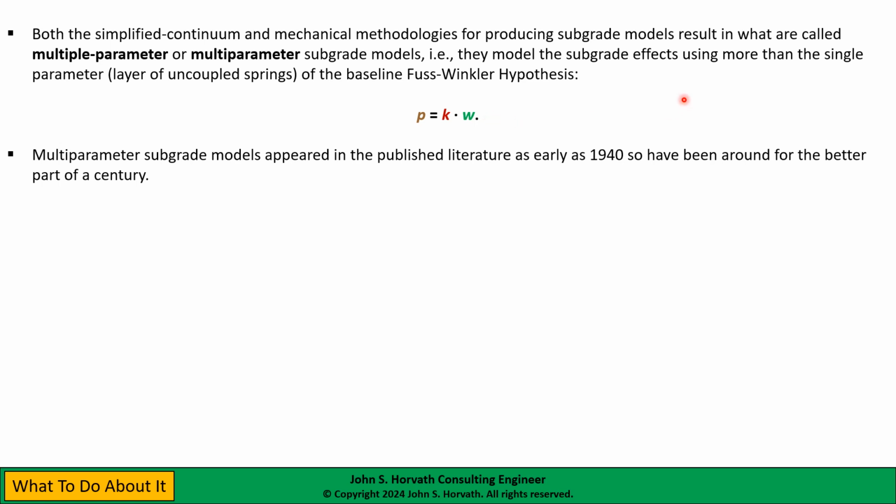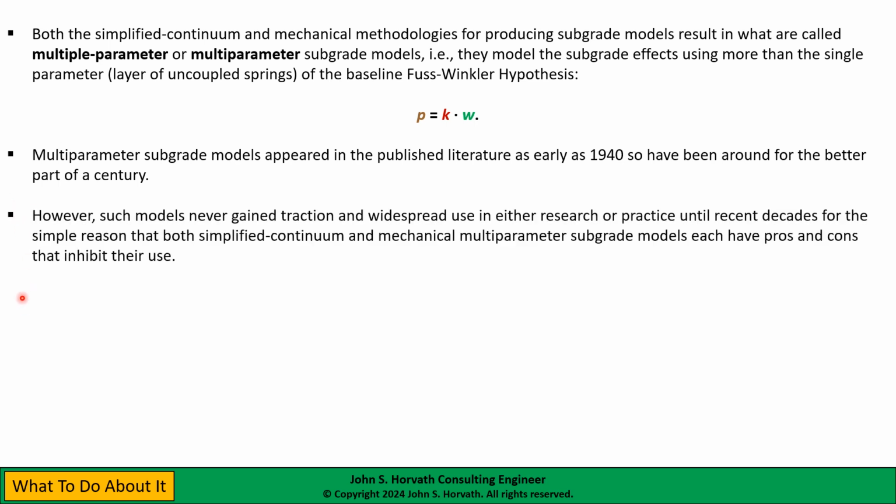Now, it turns out multi-parameter subgrade models have appeared in the published literature at least as early as 1940, so they've been around the better part of a century. However, such models never gain traction, and I can tell you this from personal experience. I mean, I published my doctoral dissertation with a multi-parameter subgrade model in 1979, and I stepped back and waited for the world to embrace it.